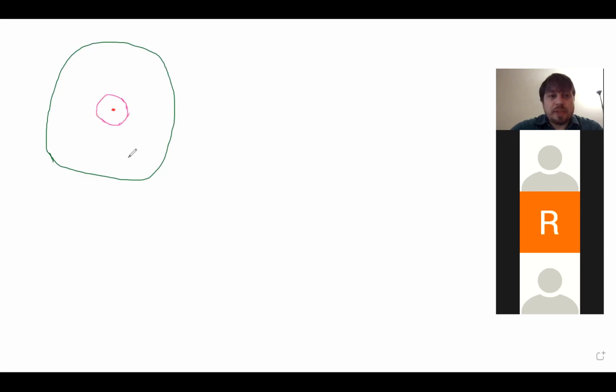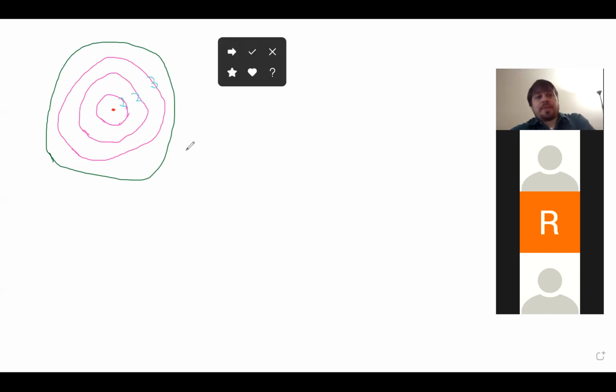So that would be like 1 inch, right? This would be, let's say, 2 inches. Don't mind the circle that I'm drawing here. These are circles. That would be another inch. So that would be 1 inch, 2 inches, 3 inches, right? I'm going to use, say, blue here. So you have 1 inch, 2 inches, 3 inches, and so on, right?